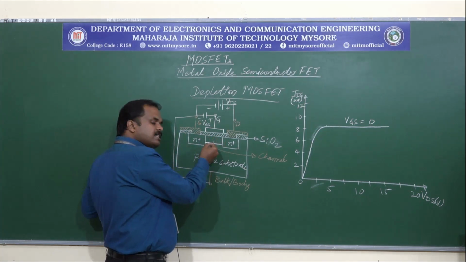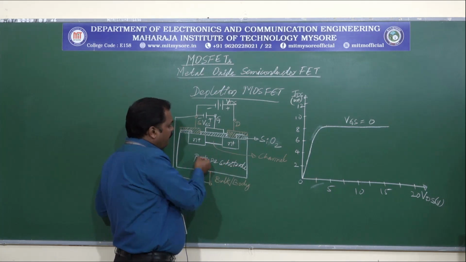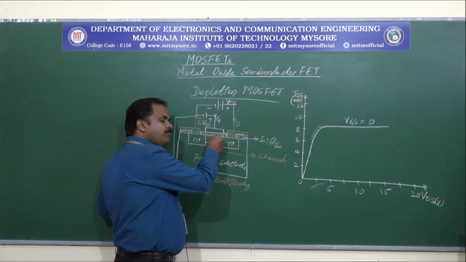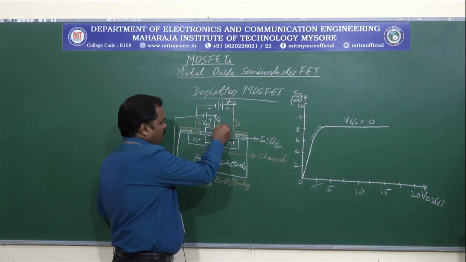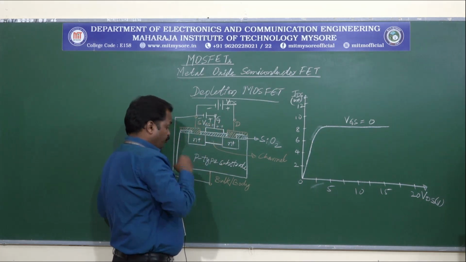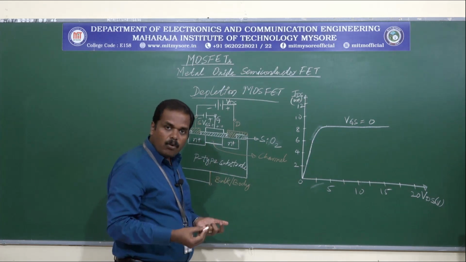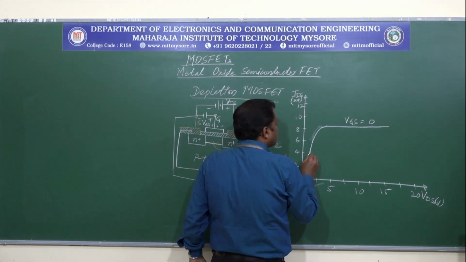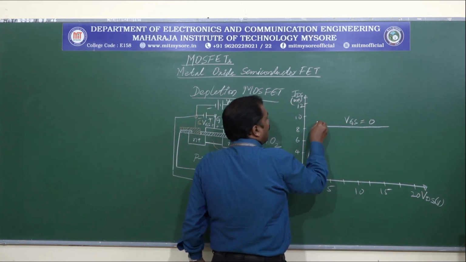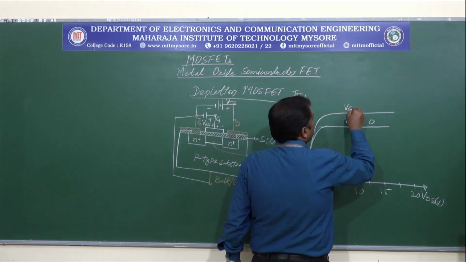The conductivity in the channel will be increasing. Why? Because some of the electrons that are available in the channel will be attracted towards the channel because of this positive potential, and this enhances the conductivity of the channel. So the increased conductivity in the channel will cause a higher amount of current to flow through the device.